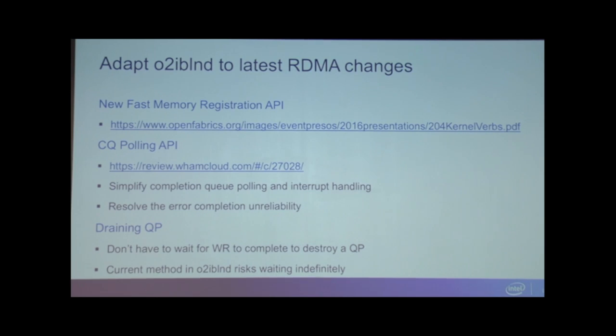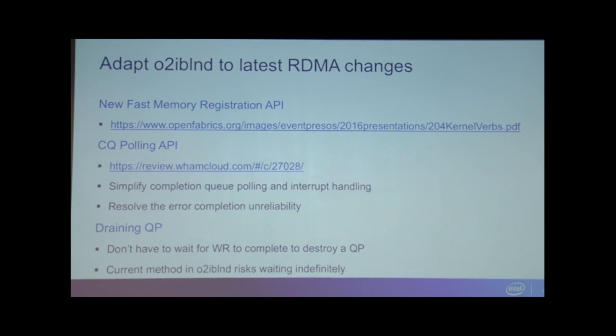I'm not going to go into the detail of that, but it's documented in that PDF. So we need to switch. We're currently using the old API. We need to switch to the new API. There is a new CQ polling API, completion queue polling API, that there's actually a patch that's already landed. Doug Ocherek did it, and it's currently under test and review.